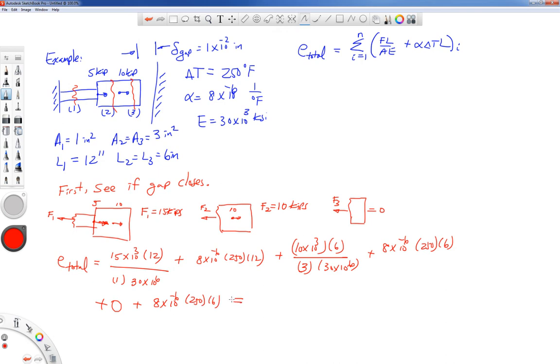If we put all of these together, I end up getting 0.0547. Now 1 times 10 to the minus 2 is 0.01. So the gap does close.